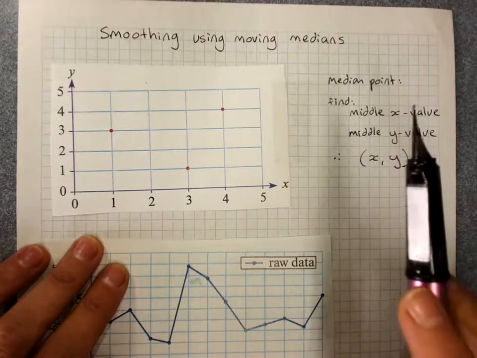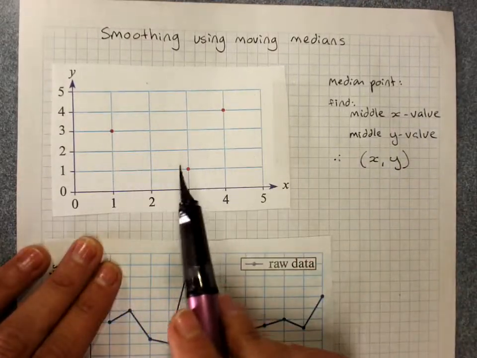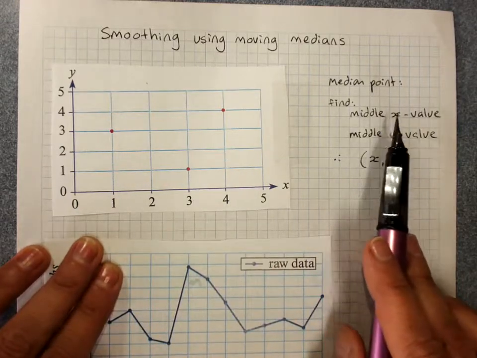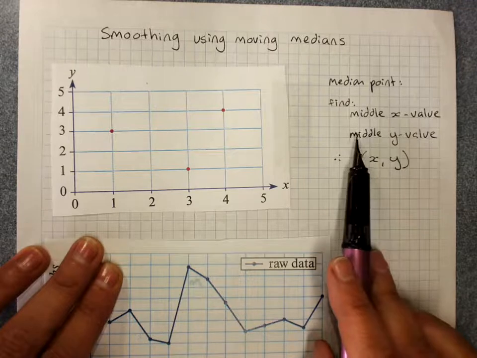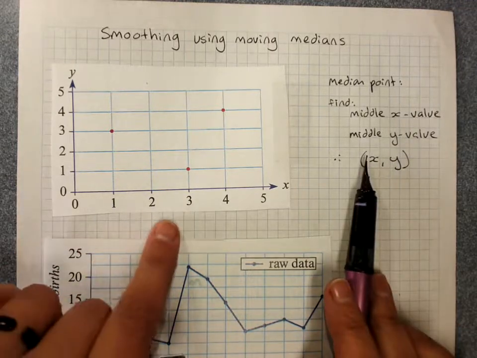So it's absolutely not, oh, there's that point, that point, that point, that is the middle point. No. You want the median or the middle x value and the median or the middle y value, and that gives you the overall median point.